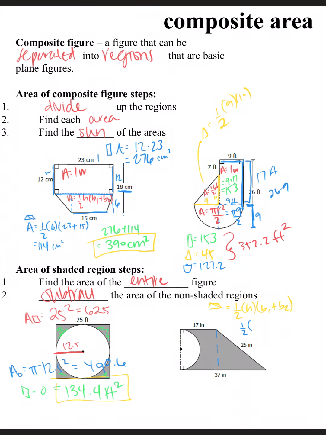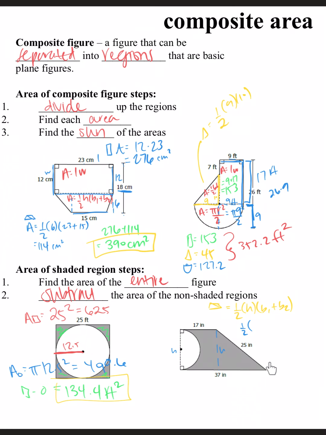What is our height? Our height could have been here or here, and we don't have anything noted. However, we can find this because we know a lot about our shapes. Right here we have a right triangle.